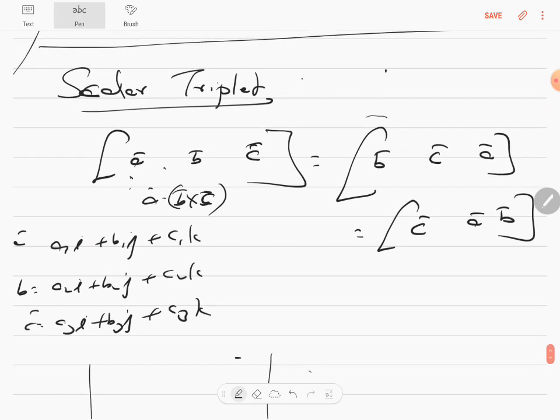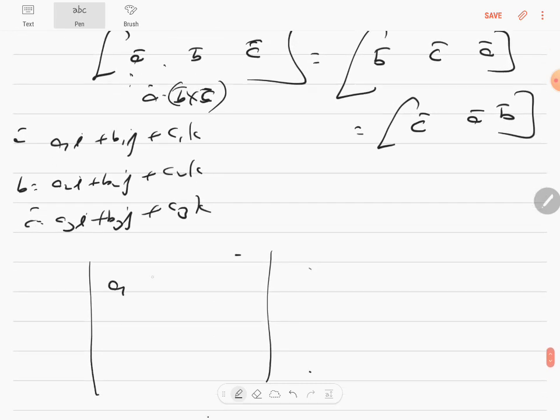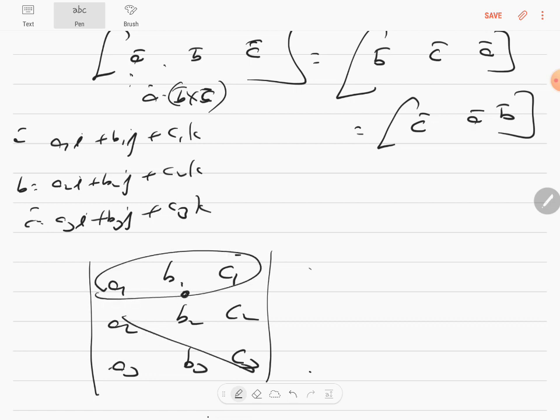Don't write i, j and k. Instead write A1 B1 C1, A2 B2 C2, A3 B3 C3. Writing a determinant like this shows that the first row, A vector, is being dotted with the cross product of the other two. A determinant simply can also mean dotting and crossing.